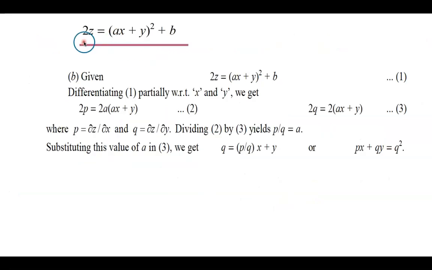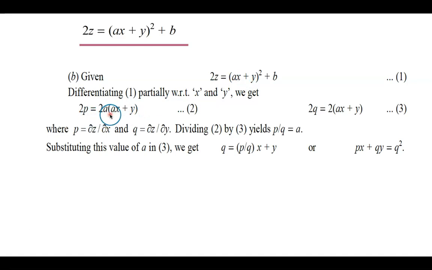And the relation we consider is 2z equal to (ax plus y) whole square plus b. This is labeled as equation 1. Differentiating partially with respect to x, we have 2 into dou z by dou x, that is 2 into p, equal to the derivative of this function with respect to x, where y is treated as a constant. Then that will be equal to 2 into (ax plus y) into the derivative of ax, which is a.